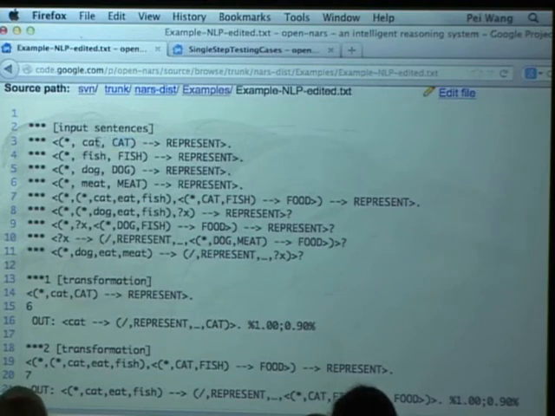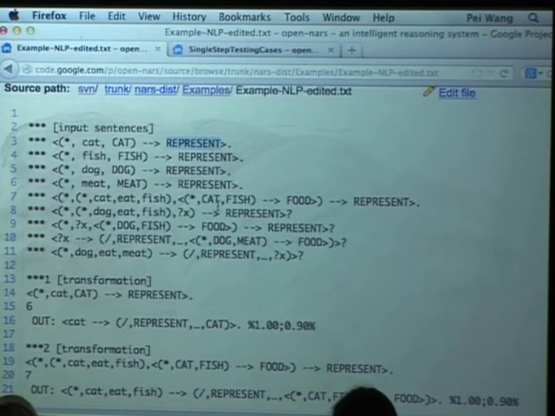On the other hand, the lowercase names are actually English words. Okay, and this is the cat word. This is the cat concept, and the relation is what they call a represent relation. That is, this word represents this concept in the system.